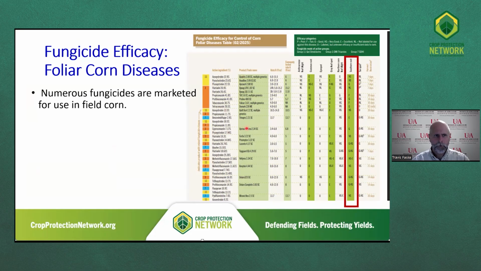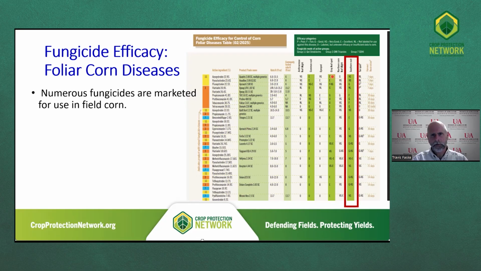And I used to think this was more for the consultants and farmers to look at, but because there's so many different fungicides now marketed for use in corn, I use it just to see what's available and what the actives are. And also, I'll have a lot of good southern rust data, but I don't have eye spot or gray leaf spot data. So I look to my counterparts who've based these rankings on the multi-site fungicide trials across the U.S. And then we kind of rank those particular fungicides.